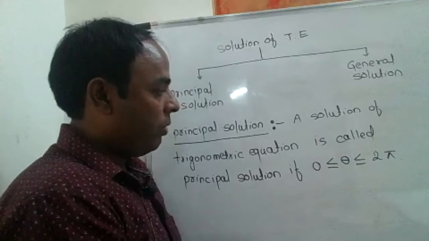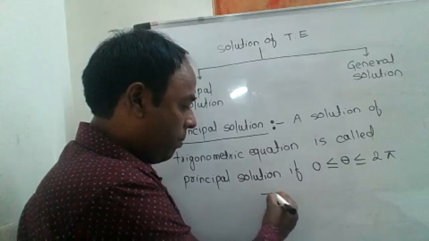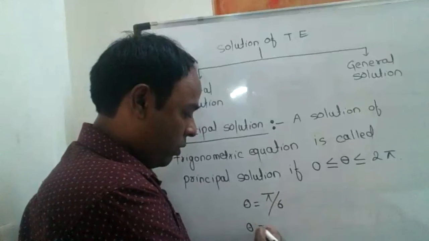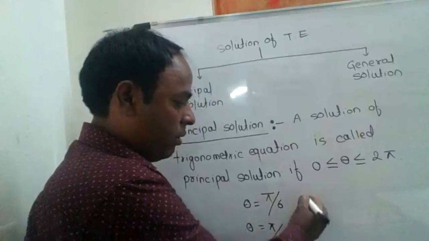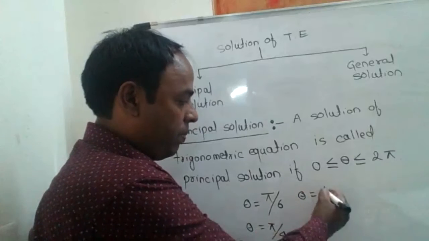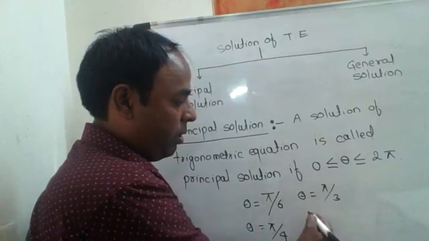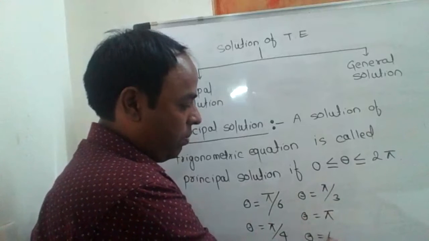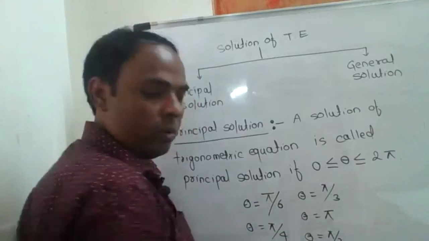So what examples have I given? Theta equal to pi by 6, theta equal to pi by 4, theta equal to pi by 3, theta equal to pi, theta equal to pi by 2. So these are the principal solutions.